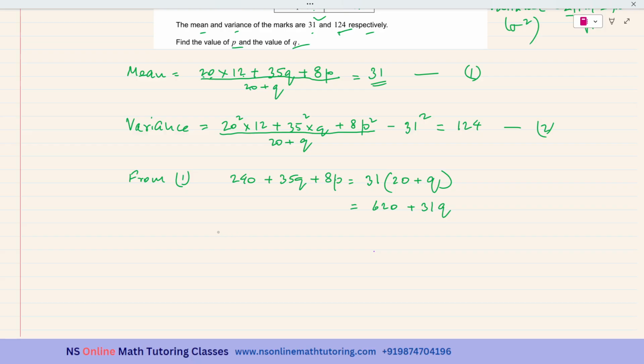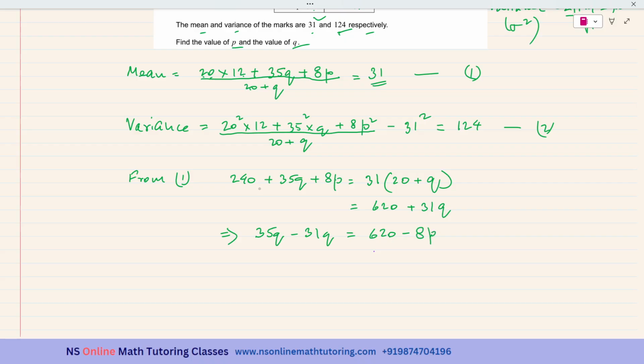Let us find a relationship between P and Q. Let us express Q in terms of P. You may express P in terms of Q as well. I am first of all subtracting 31Q from both the sides. So, 35Q minus 31Q. Next, I am subtracting 8P from both the sides. So, this will be 620 minus 8P.